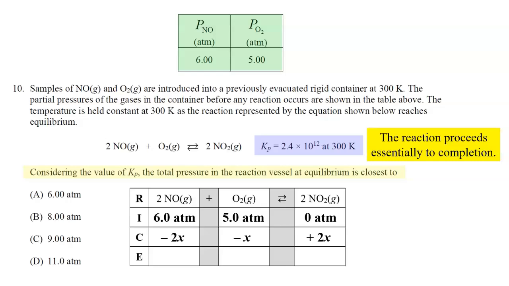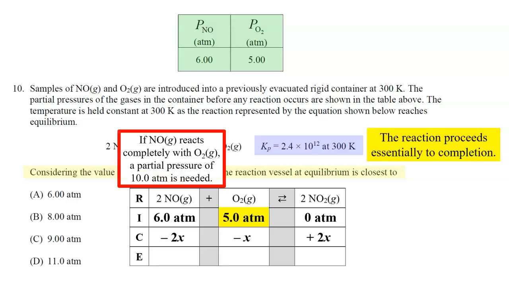Now, in this experiment, one of the reactants is classified as the limiting reactant, and the other reactant is classified as the excess reactant. Focus your attention on the initial partial pressure of oxygen. Also, focus your attention on the coefficients in the balanced equation. So because the ratio of coefficients is 2 to 1 for nitrogen monoxide and oxygen, if the nitrogen monoxide reacts completely with the oxygen, then a partial pressure of 10 atmospheres would be needed.